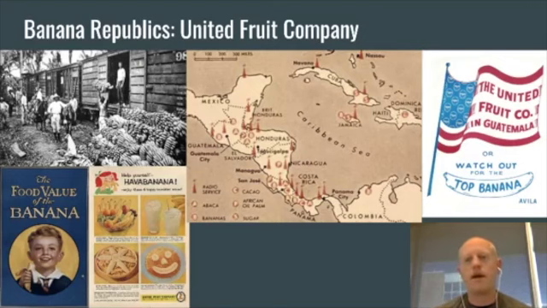The United Fruit Company is an example of one of the first or earliest multinational corporations that came out of the United States. There were a couple others that were producing steel and oil that were not only from the US, but also Great Britain around the turn of the 20th century.